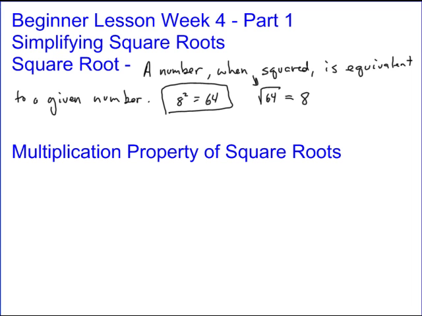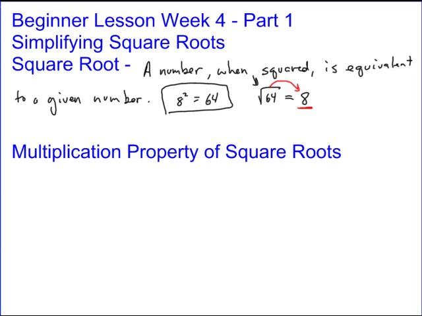Notice that once I determined what the number is, I no longer needed the square root sign. That goes away. If I don't know what the square root is, then I have to leave the square root sign there. One thing that you find out is most square roots, those that don't have an integer answer, are actually irrational. So we generally leave the square roots because that's an exact answer, whereas irrational numbers are inexact.